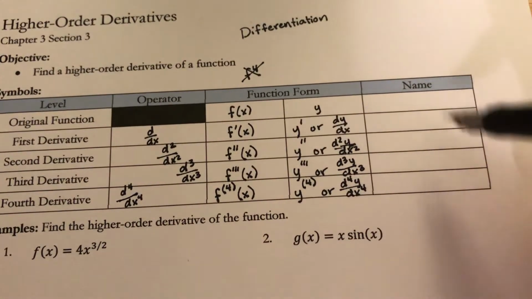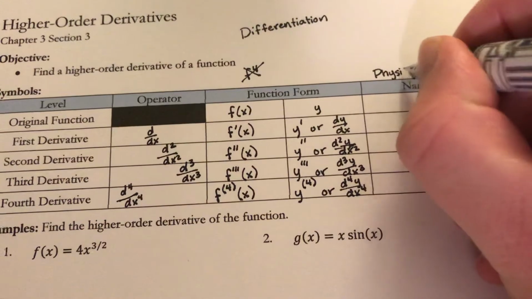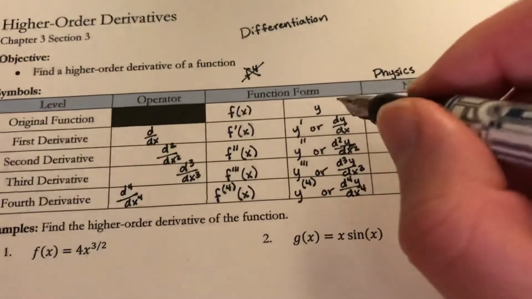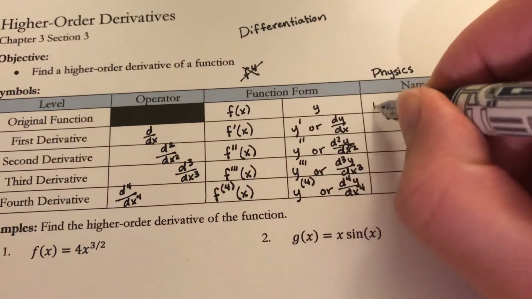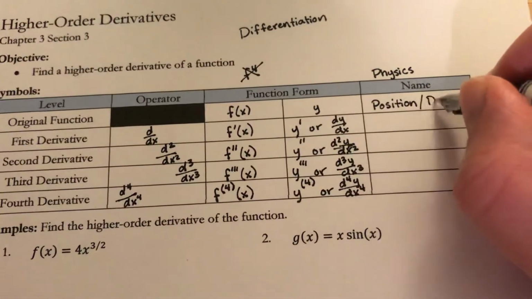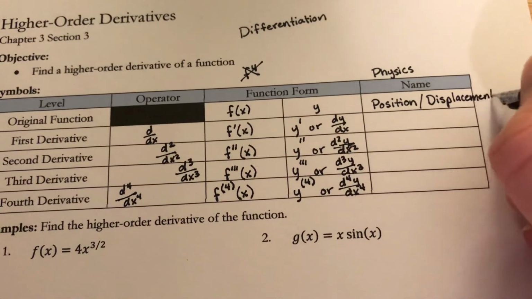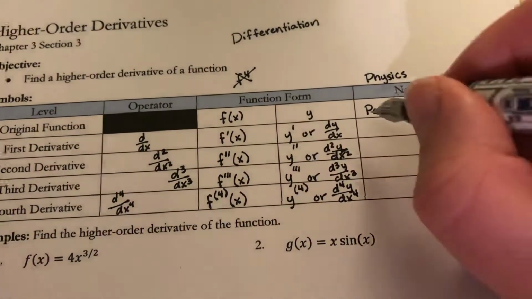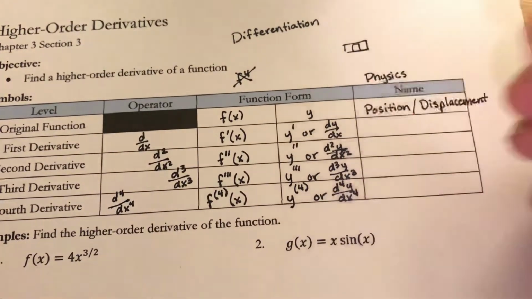To keep going, I want to talk about some special names, and these are specifically about physics problems because we see a lot of physics problems when we talk about calculus. The original function is typically, for physics problems, going to either be the position function or it could also be displacement. Now, these things are similar, but they're not exactly the same. For example, if I were to talk about a vehicle and its position, we could talk about where its physical location is over time.